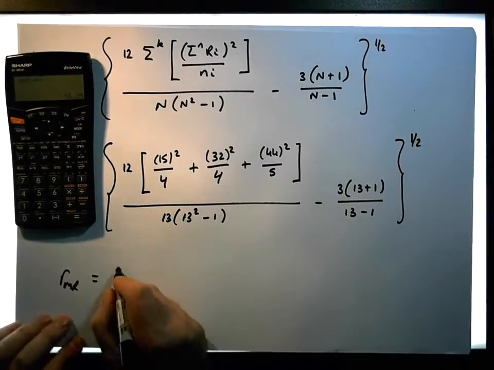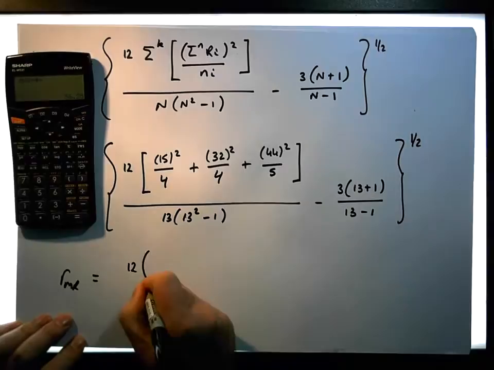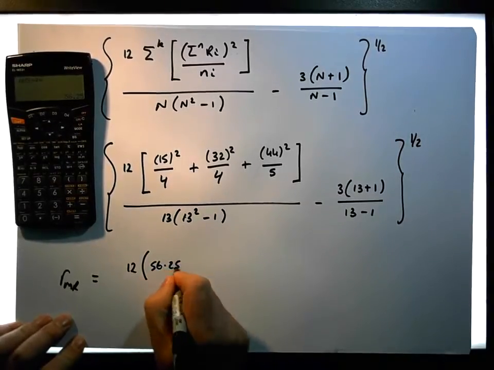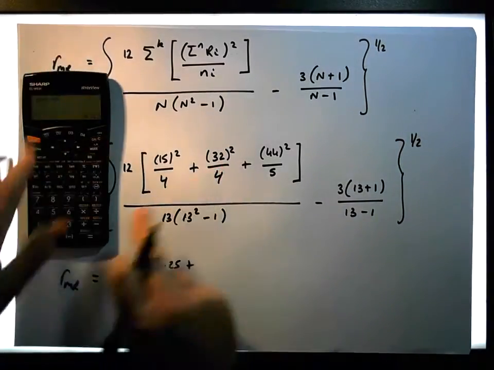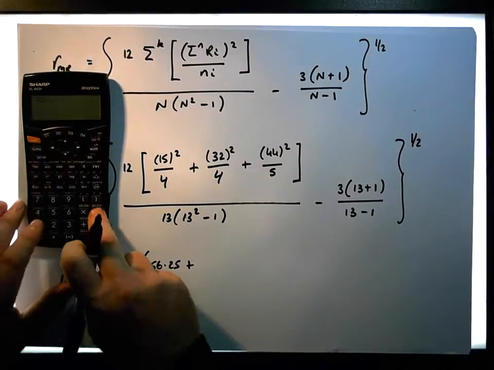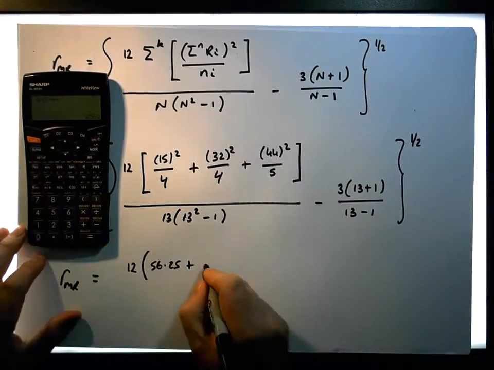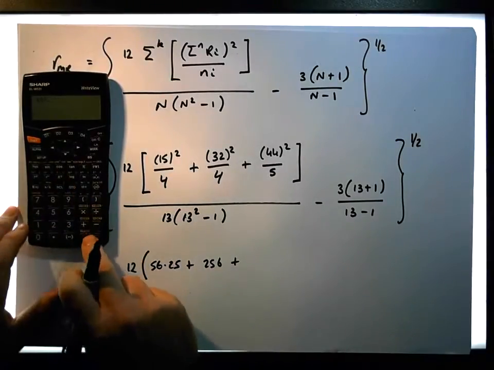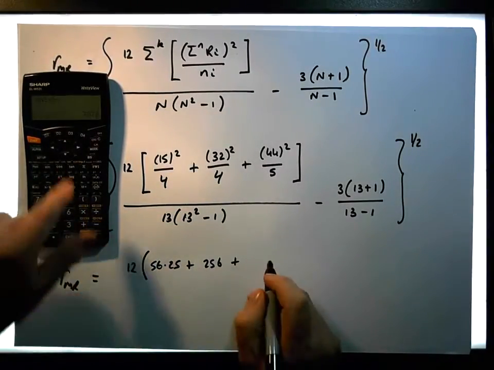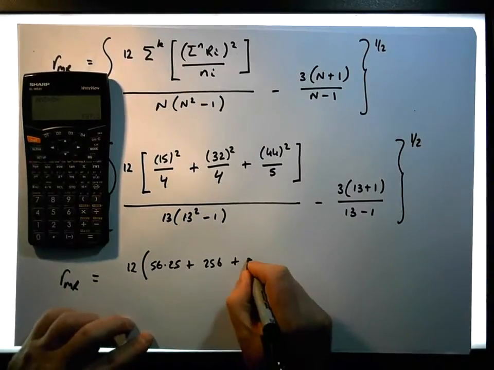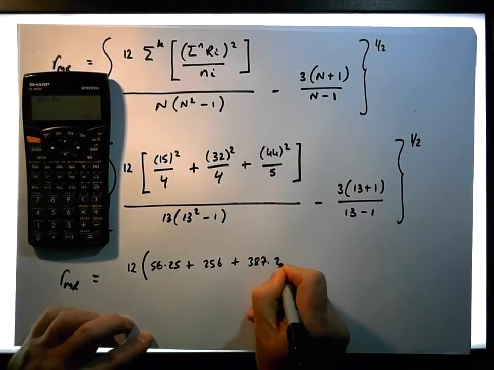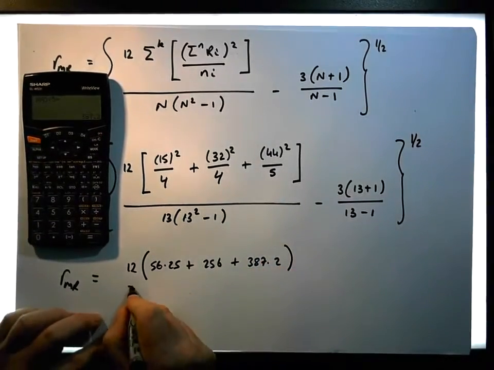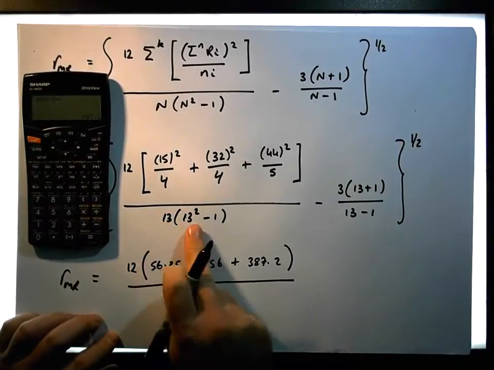So it's equal to 12 times 56.25 plus this value here, 32 squared divided by 4 gives us a value of 256, plus 44 squared divided by 5 gives us a value of 387.2, which needs to be divided by 13 times 13 squared minus 1.